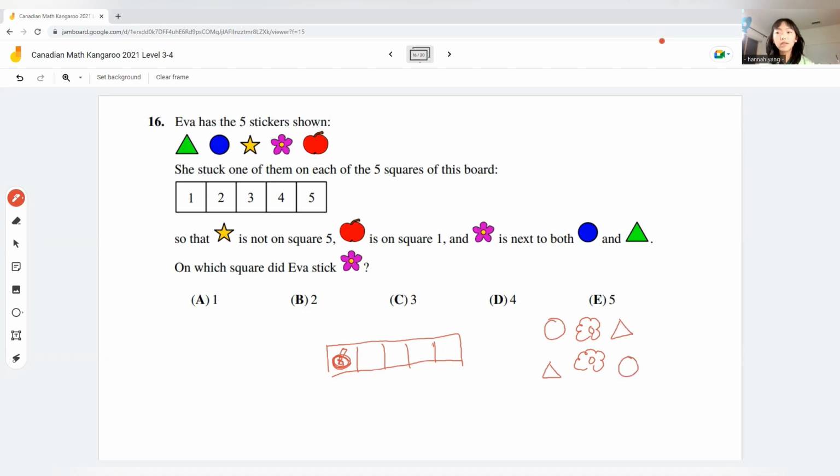But that shouldn't really matter because we're focusing on the flower. And so if the star isn't on square five, then it needs to be in square two, because if it was on square three or four, it would disrupt this order and make it untrue, which isn't possible, meaning that no matter what, the flower will always go in slot four, making D our correct answer.